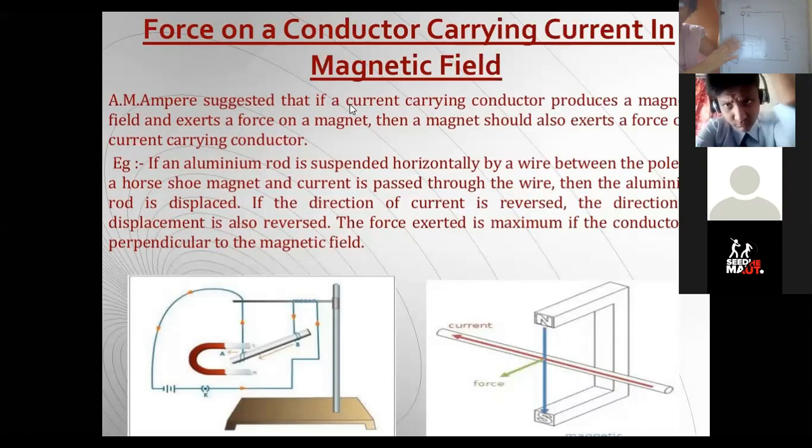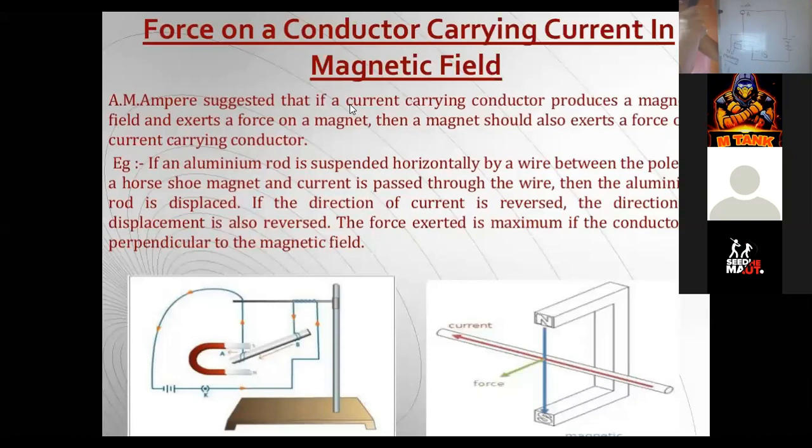Once the current carrying conductor comes in motion, it will move out from the trough. Once it comes out from the trough, the circuit will get broken and no current will flow, so it won't experience the force at that time.